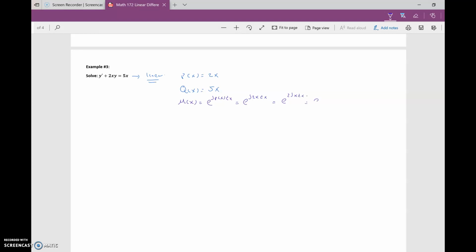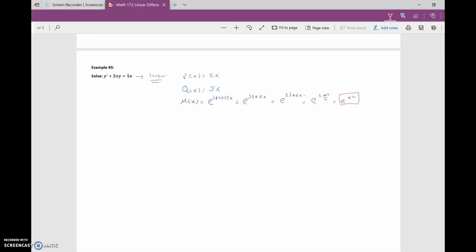And this is equal to e to the 2x squared over 2, or e to the x squared. And there's technically a constant, but we just ignore it since we don't have initial conditions to find the actual solution. That is actually fine.